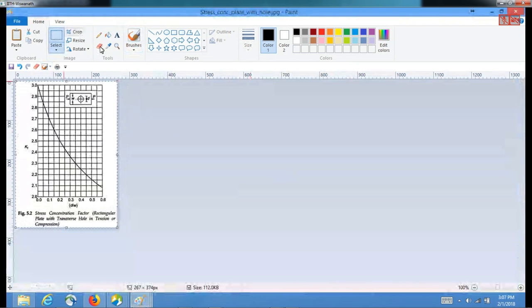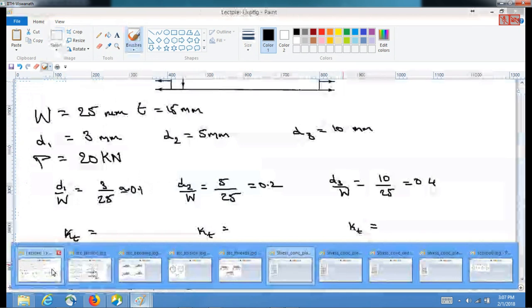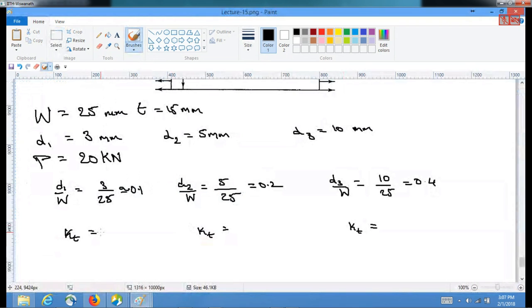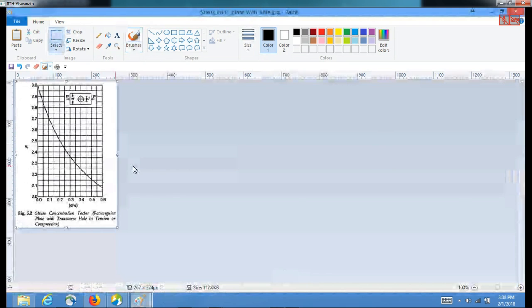If you look at this table, at 0.1 you have a value of close to 2.7. At 0.2 you have a value of 2.5.